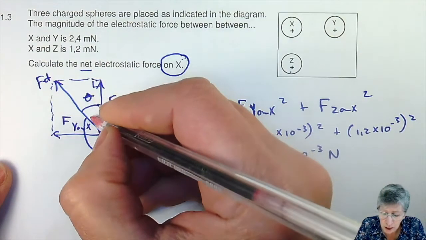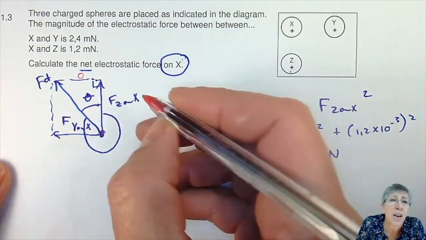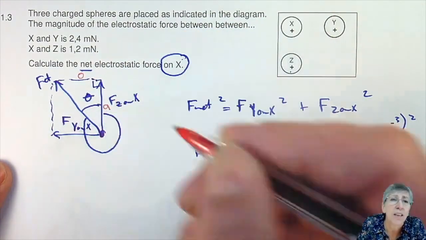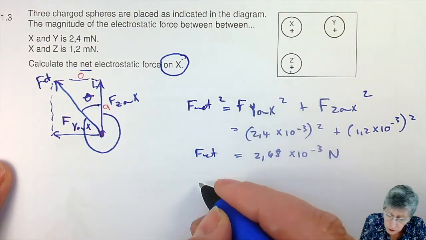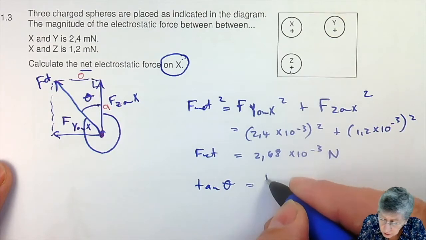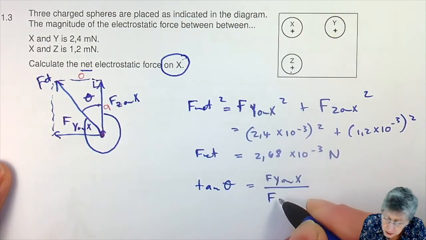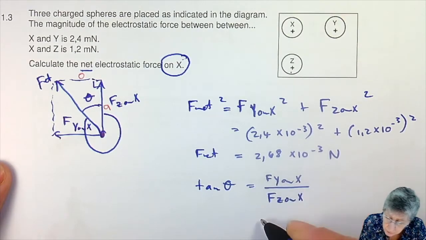Now, for me to work out that one, that will be opposite, right? That is the y on x, and this one is going to be adjacent. So if I go with tan theta being opposite, y on x divided by adjacent z on x, right?